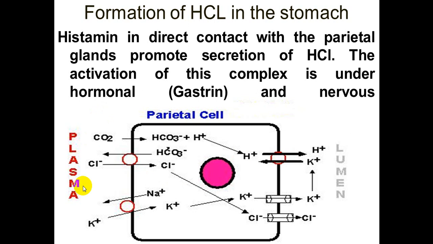This is the diagram of the exchange between electrolytes, cations and anions, CO2, bicarbonate ions, and the presence of hydrogen ions, maintaining balance between intra and extracellular compartments. Formation of HCl.